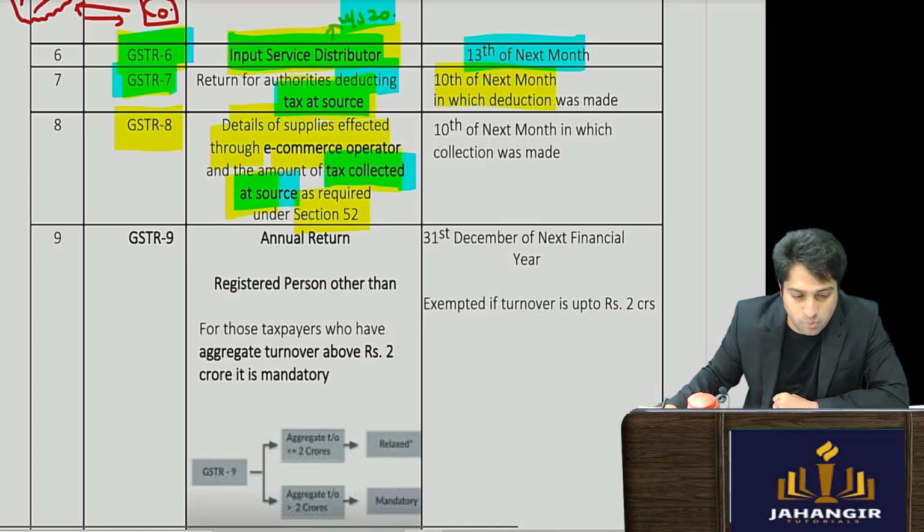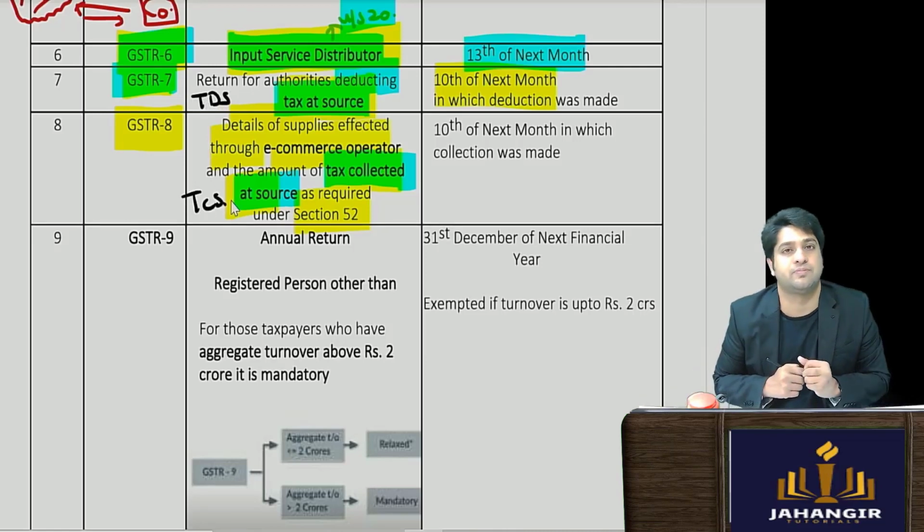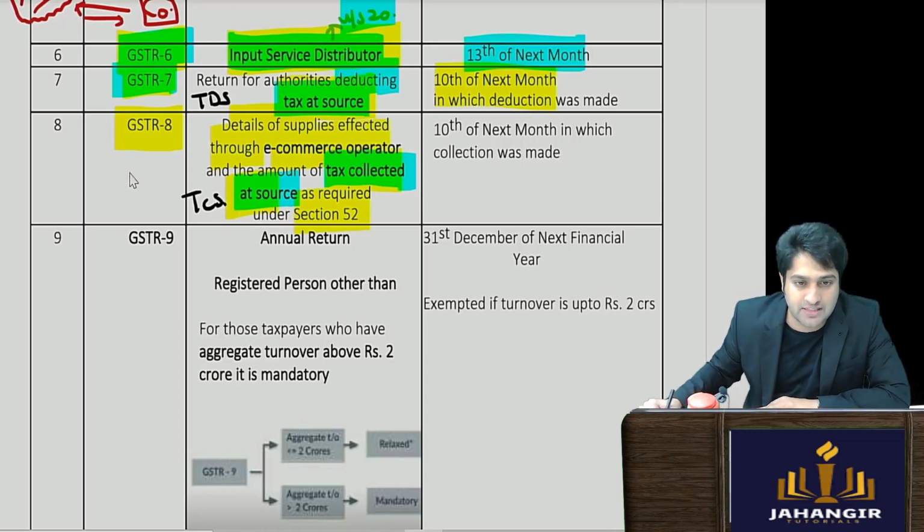Without going into the provisions, you have to understand who is required to deduct TDS and who is required to collect TCS. Those concepts you can check in sections 51 to 52. Right now I'm not going into the concept, only when these people have to file their returns.